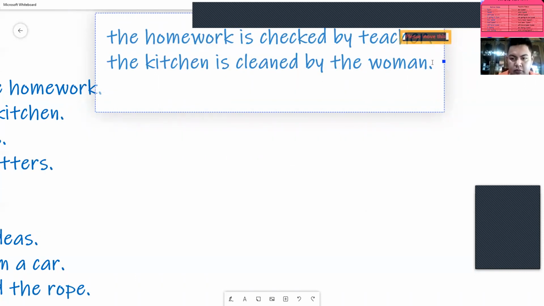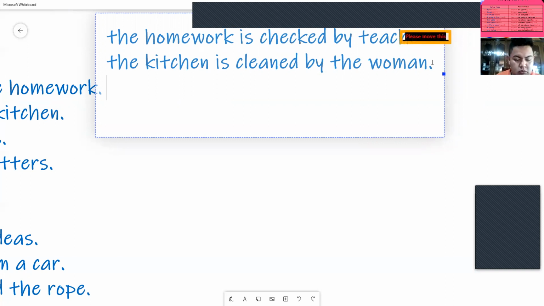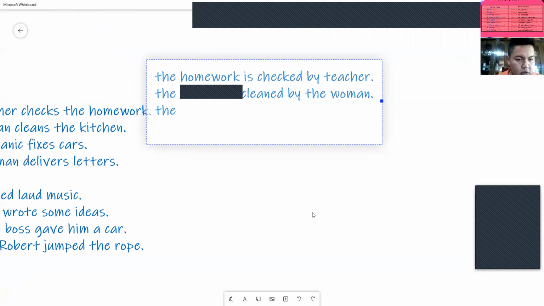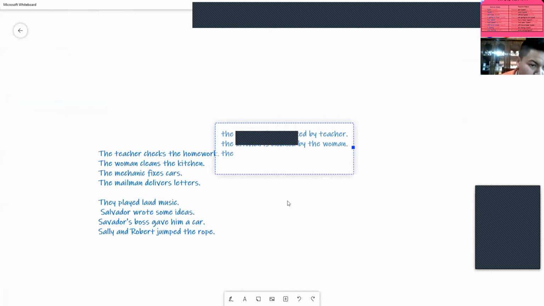Zoom out, please. ¿Lo puede dejar otro poquito, profe? Es que no vamos a ver el... Oops.